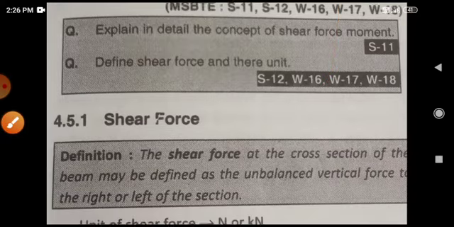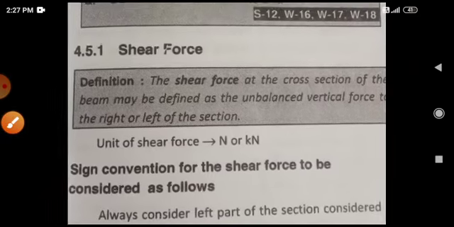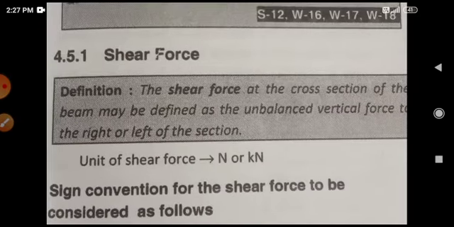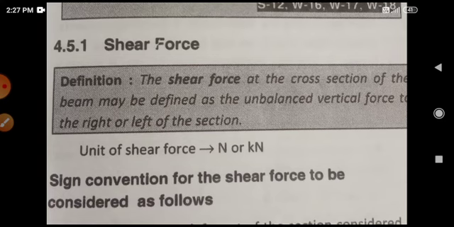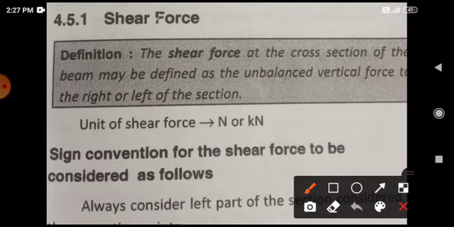Shear force at the cross section of the beam may be defined as the unbalanced vertical force to the right or left of the section. It will be measured in Newton or kilonewton. Section we will study later: what is a section and how the sections are taken.